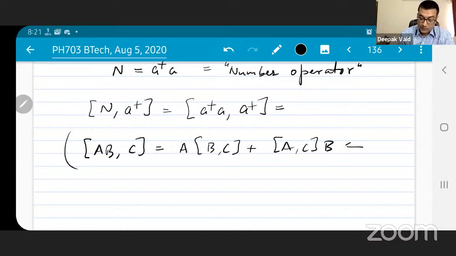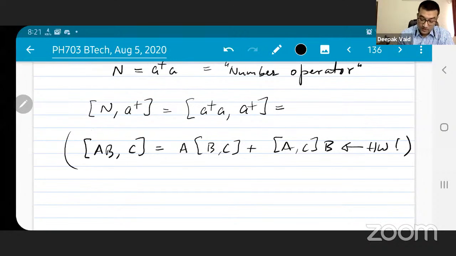Was it in the homework or in the quiz? I forget. I think it's in the homework. In any case, you can prove this. This is very, very simple. It takes one or two lines: you just work out all the terms on the right hand side. You'll get some cancellation and you will see that it's equal to the left hand side.